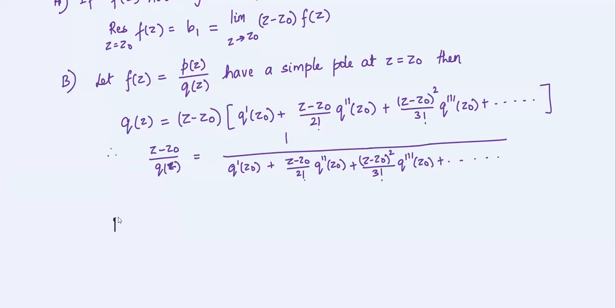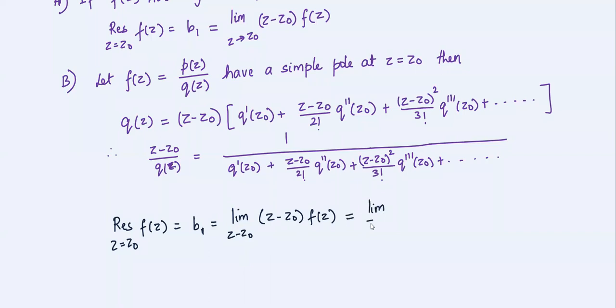The residue at z equal to z naught of f of z, from the previous result, for a simple pole, is the limit z tending to z naught of z minus z naught times f of z, which is limit z tending to z naught of z minus z naught into p of z by q of z.